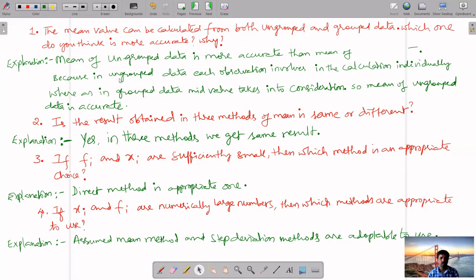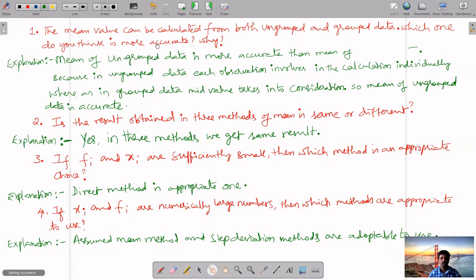Okay, let us discuss a few questions which arise in the mean of the data. The first question is: the mean value can be calculated from both ungrouped and grouped data. Which one do you think is more accurate?